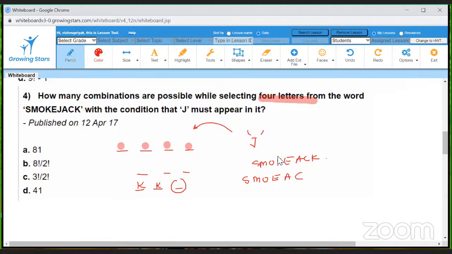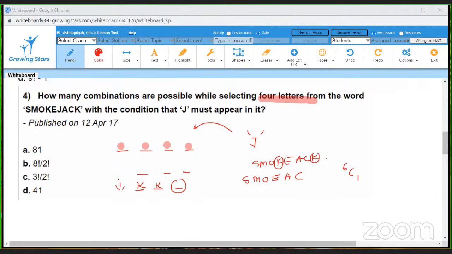So these 2 Ks are already taken. So that is one possible case. The third letter can be taken from the 6 left-over letters. So from the 6, you are selecting 1.